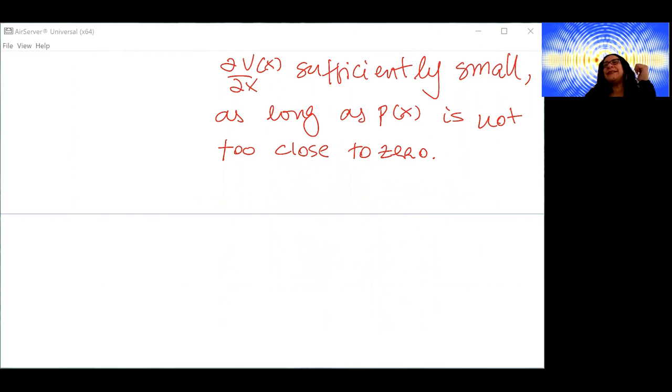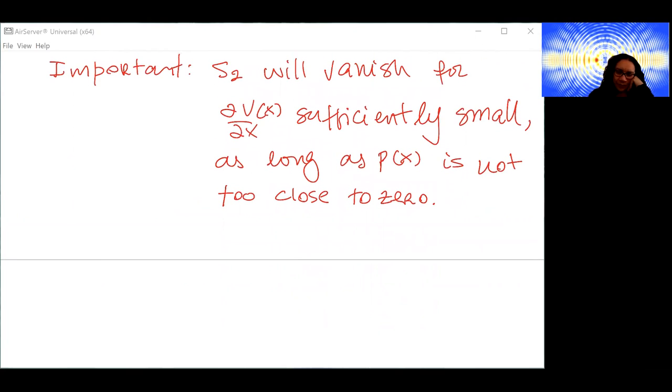Here you see already that you have some conditions. This small here is implying smoothness. And also p(x) not being close to 0 is implying that you are not going to have these divergences, which you're going to see because you have a natural logarithm of the square root of p, if you look at the first order here.